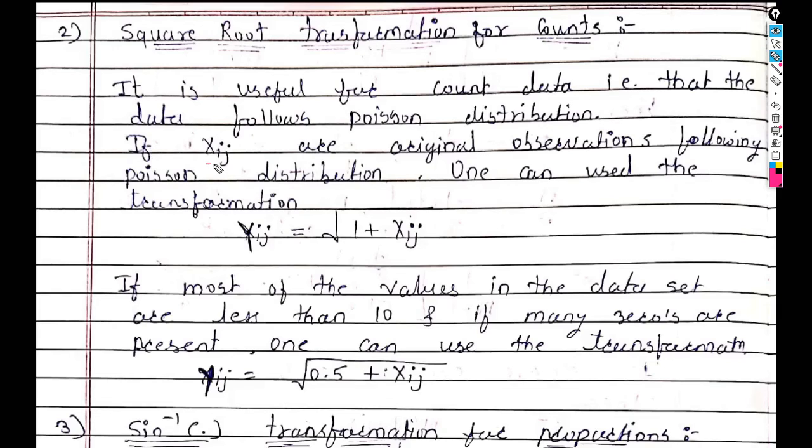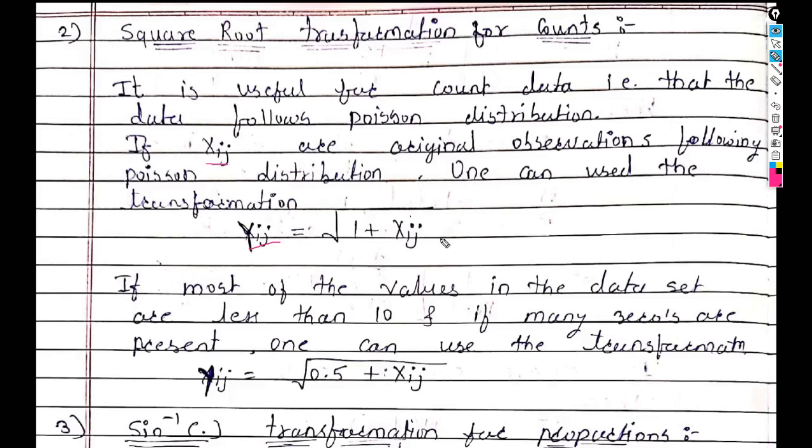Suppose xij are our original observations, which follow a Poisson distribution and are not normally distributed. One can use the transformation: suppose our new variable is yij equals square root of 1 plus xij.